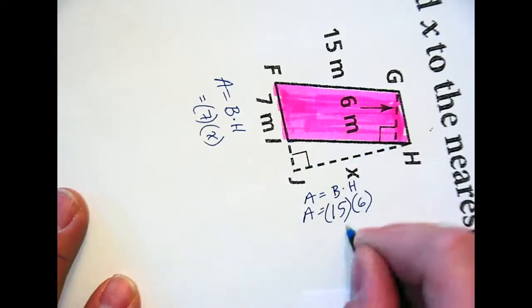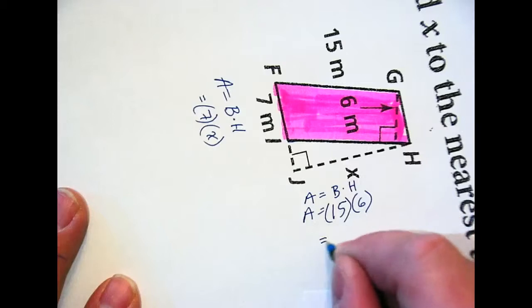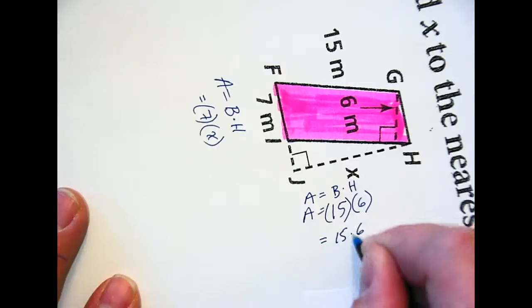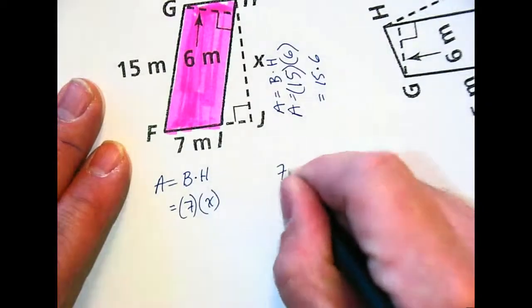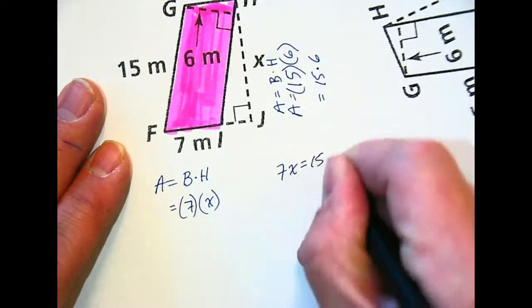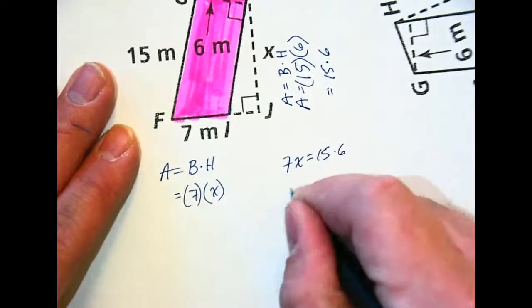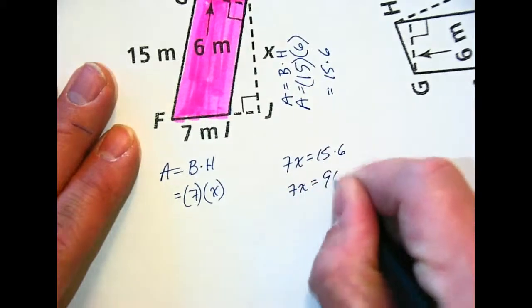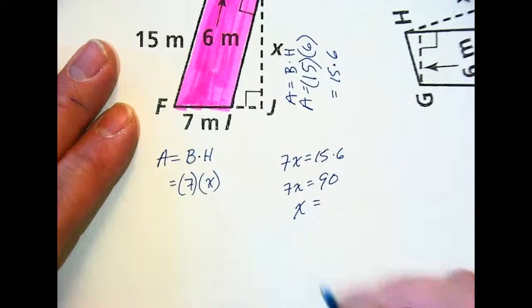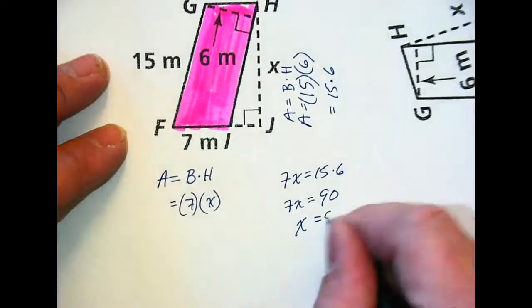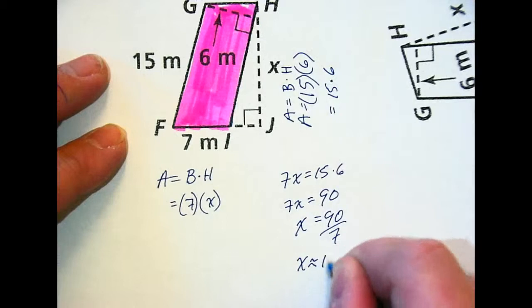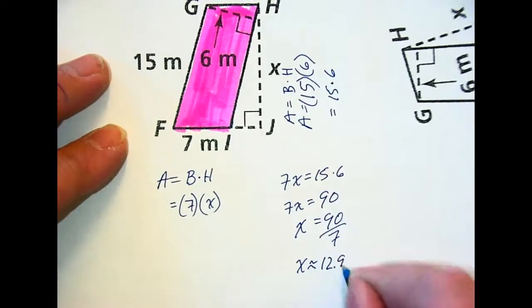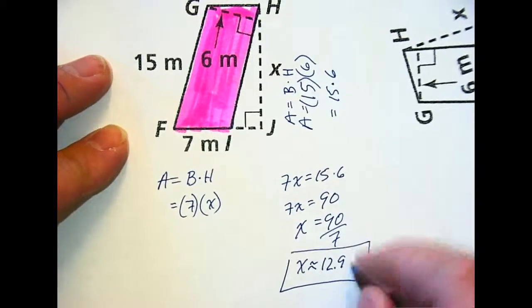So if area is equal to 15 times 6, and area equals 7 times x, then we could set those two things equal to each other and we know that 7x equals 15 times 6, or 7x equals 90, which means x equals 90 sevenths, which is about 12.9 square meters.